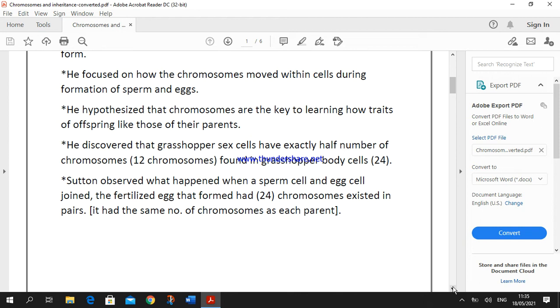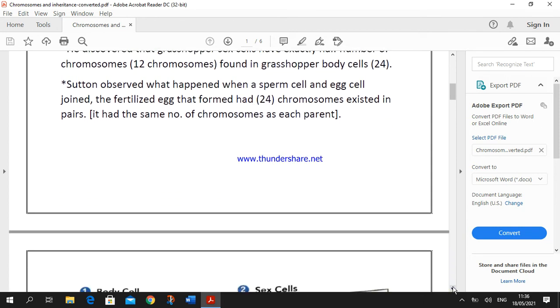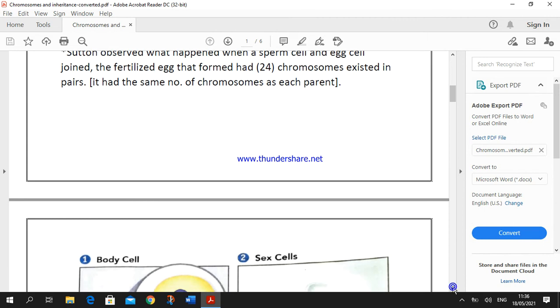He discovered that the fertilized egg produced after fusion between the sperm cell and egg cell had 24 chromosomes, and these chromosomes existed in pairs, and the chromosomes returned to the normal number again.